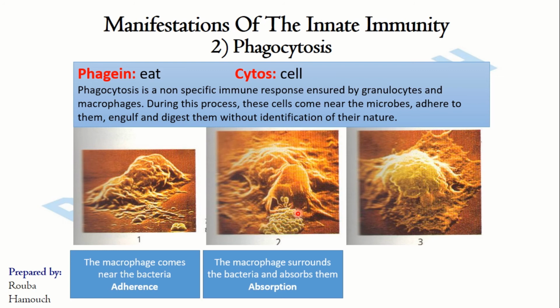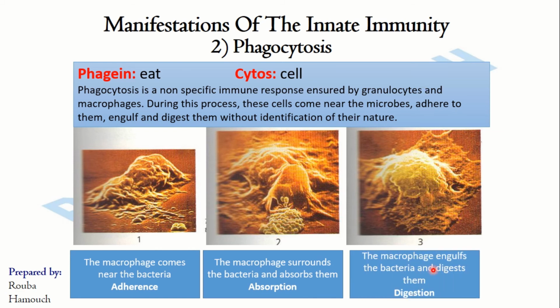The macrophage surrounds the bacteria and absorbs them. After absorbing the bacteria, the macrophage engulfs the bacteria and digests them. It's the third step of phagocytosis.